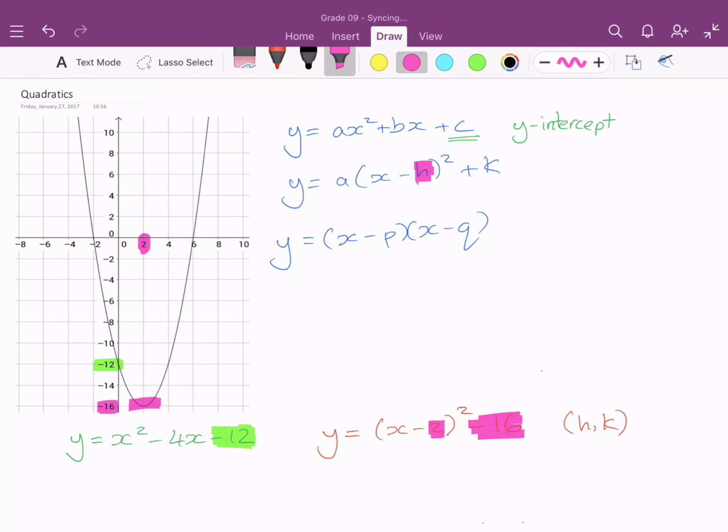Now the last form here, and we'll write that in black, is this here. So this was the completing the square. Oops, we were doing that in red, so let's go back and do that in red. So this second one was completing the square.